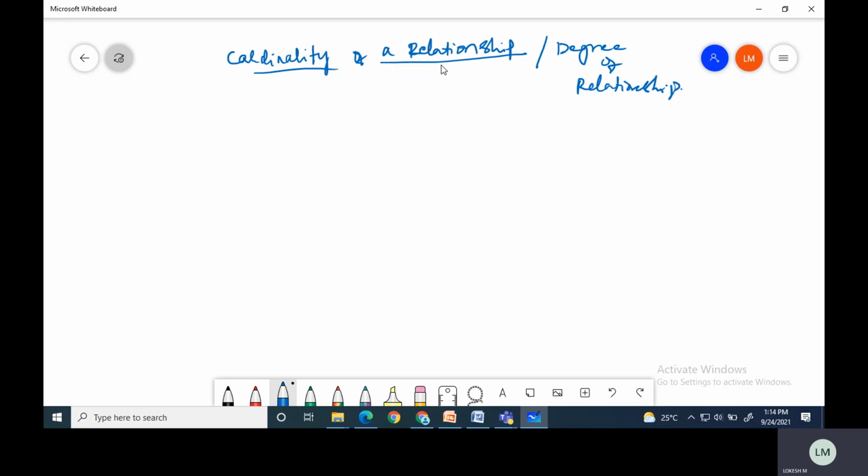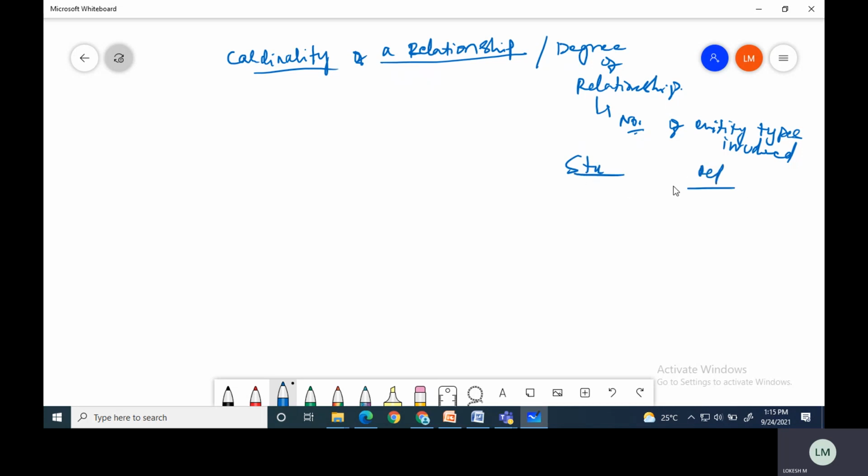See, degree of relationship is the number of entity types involved in a relation. For example, student is there and department is there.